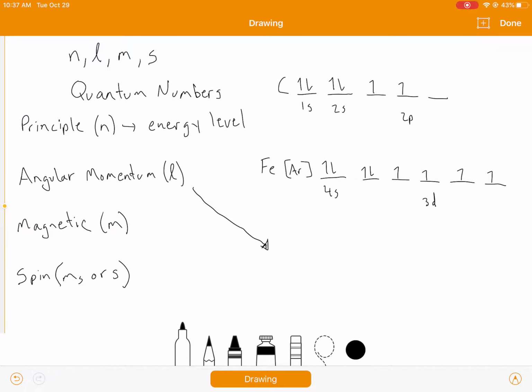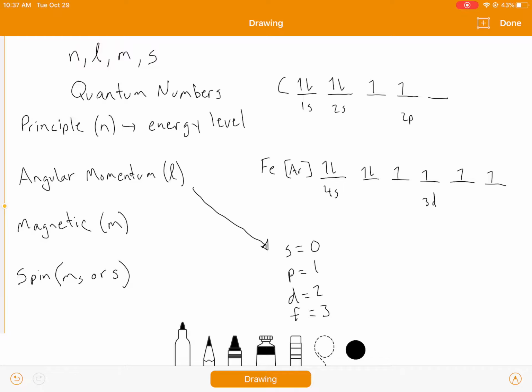For the angular momentum number, s is equal to 0, p is equal to 1, d is equal to 2, and f is equal to 3. So if it's in an s sublevel, you would give it the 0 designation. If it's in a d sublevel, you'd give it the 2 designation, so on and so forth.